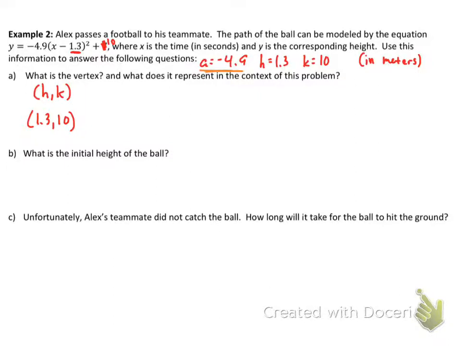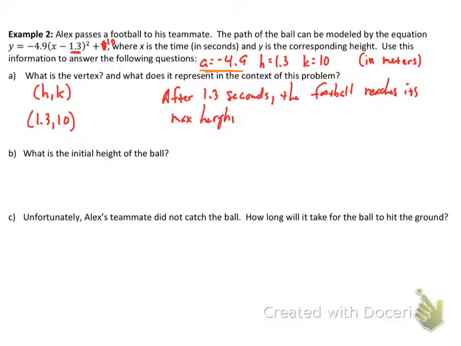So what the vertex means is after 1.3 seconds, because 1.3 is the x-coordinate, so it's playing the role of time, after 1.3 seconds, the football reaches its max height of 10 meters. So that's what the vertex means.